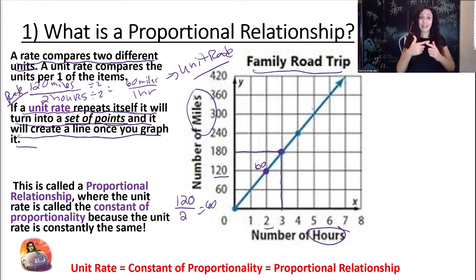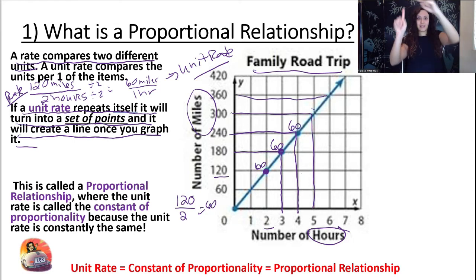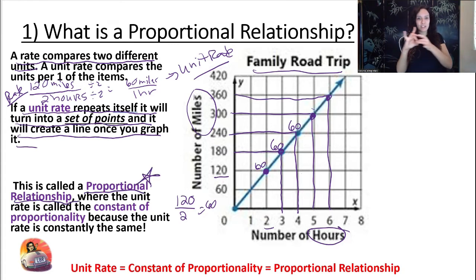Look at this point. 180 divided by 3 is 60. 240 divided by 4 is 60. And if I keep going, I'm going to get the same unit rate over and over again. That is called a proportional relationship. The unit rate is also called the constant of proportionality because the unit rate is constantly the same.